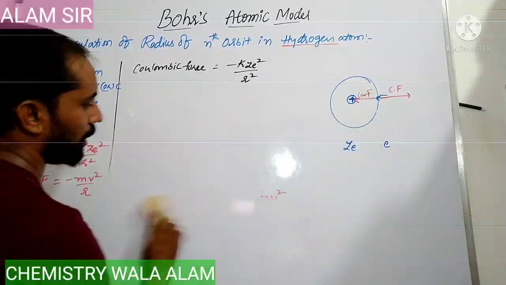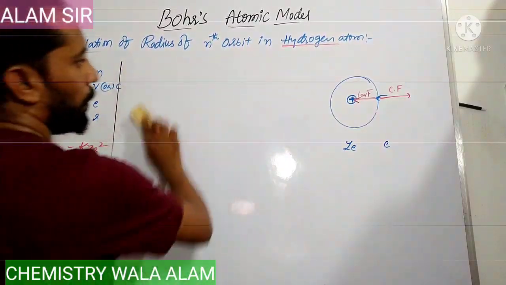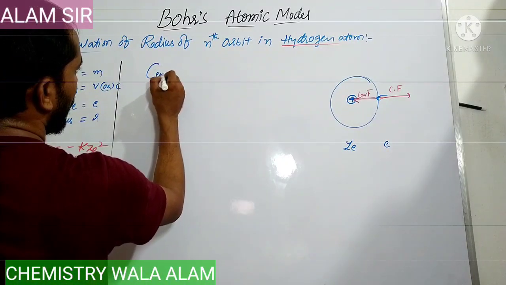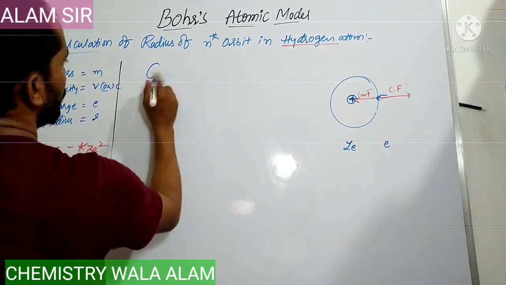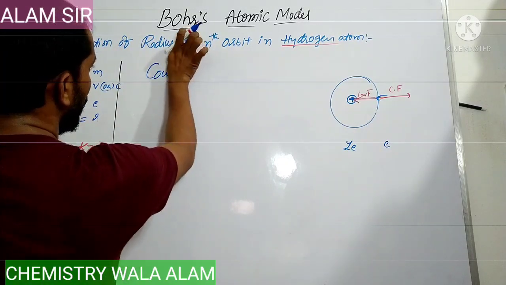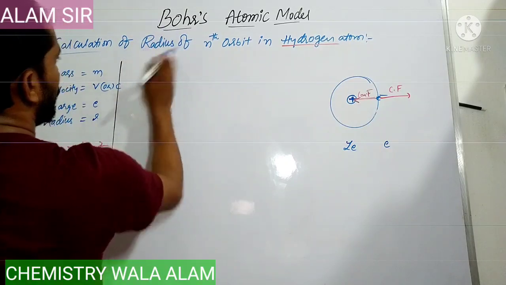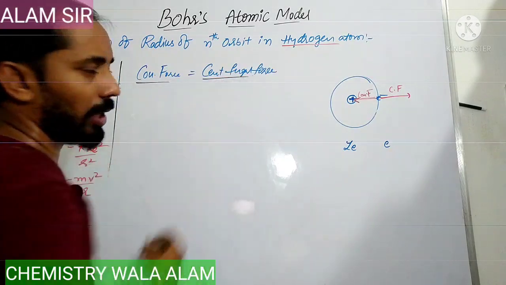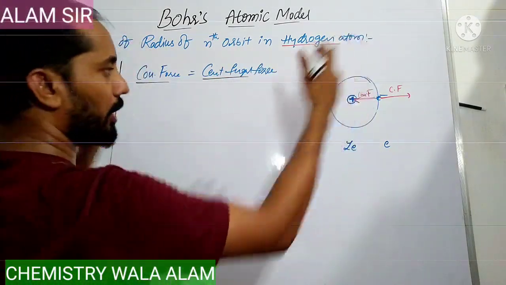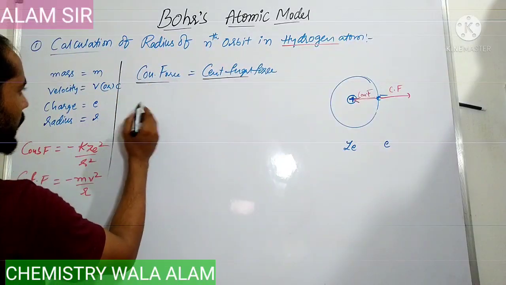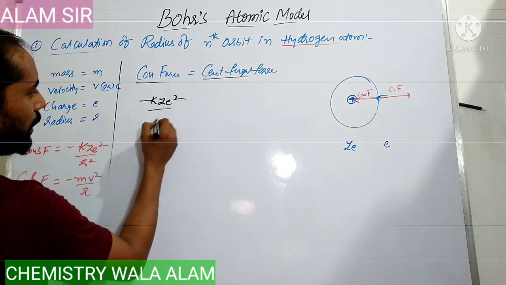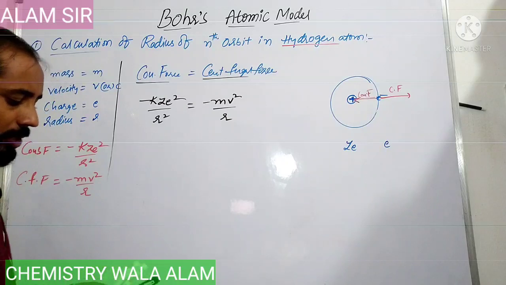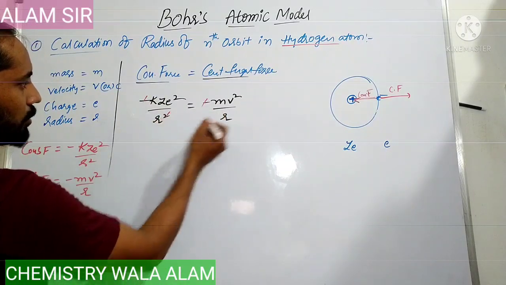These two forces are equal and in opposite directions. So the Coulombic force equals the centrifugal force, because these two forces are equivalent in opposite directions. Coulombic force, minus kZe² by r², equals centrifugal force, minus mv² by r. So the minus signs cancel, and one r cancels.